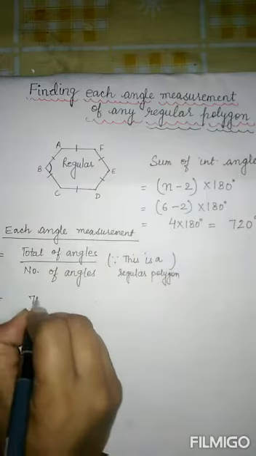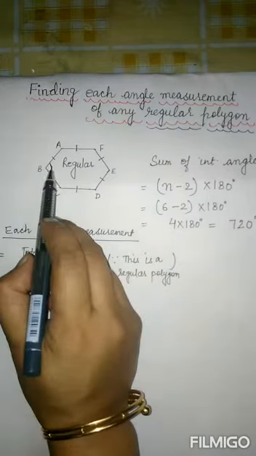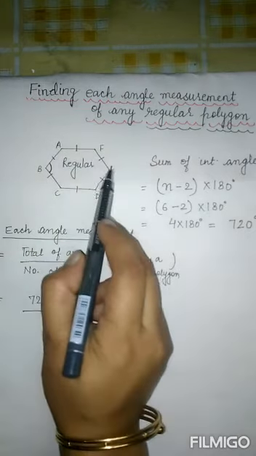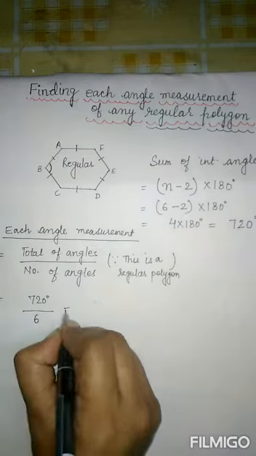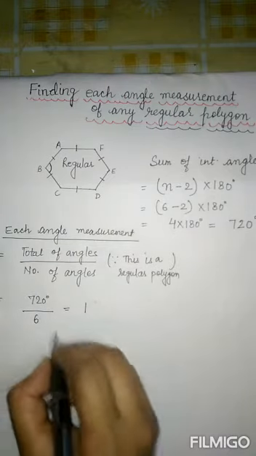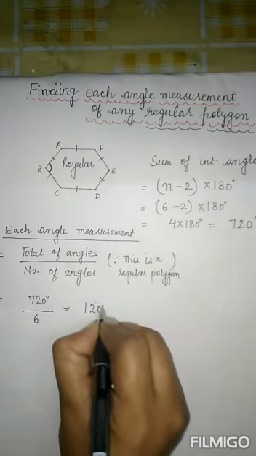Total is 720 degrees divided by how many angles? 1, 2, 3, 4, 5, 6. Divided by 6 angles. What do I get? 6 ones are 6, 6 twos are 12, and 6 zeros are 0.